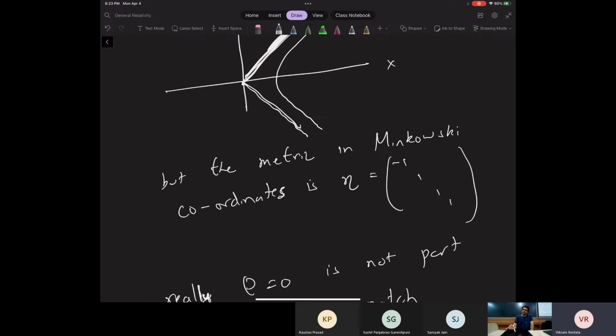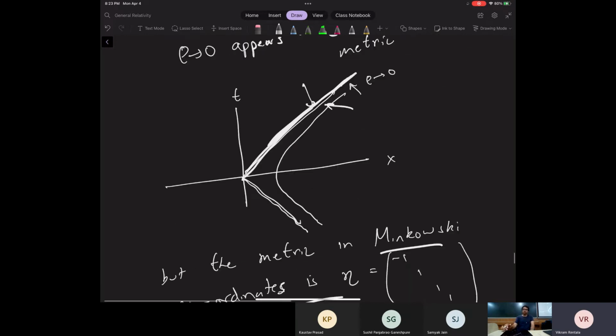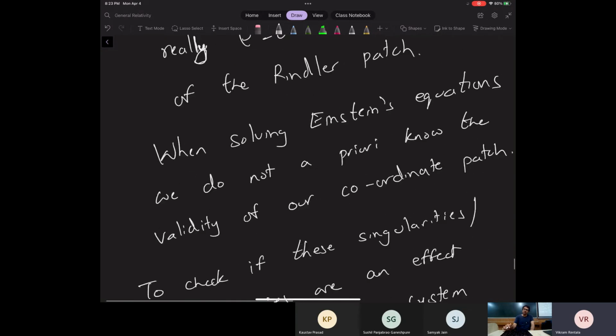So if we switch to Minkowski coordinates, we see that there's no problem crossing this Rindler horizon. You can always cross the Rindler horizon. Your Minkowski coordinates are valid beyond that, while your Rindler coordinates are only valid on a patch. They're not valid as I cross over into this region. So when solving Einstein's equations, you have to choose a coordinate system.